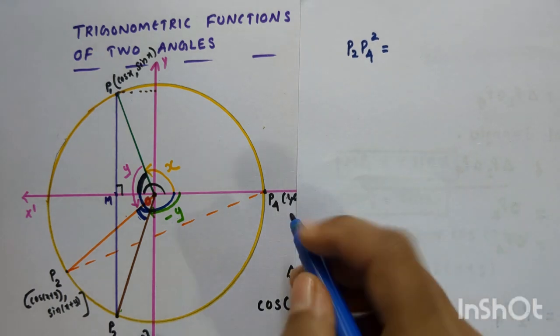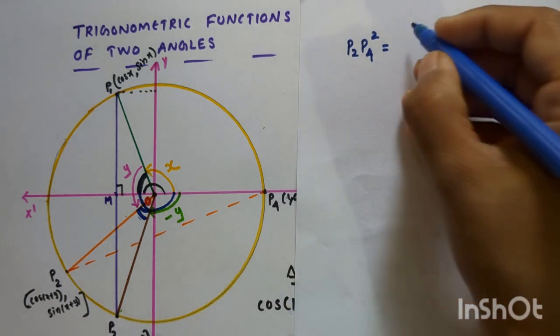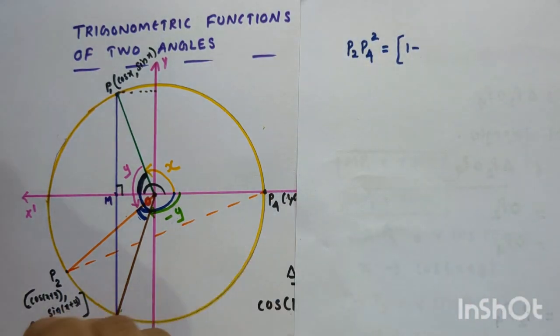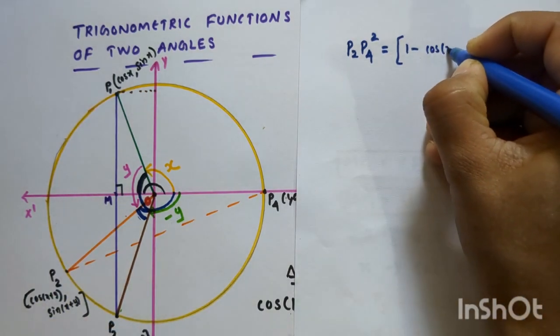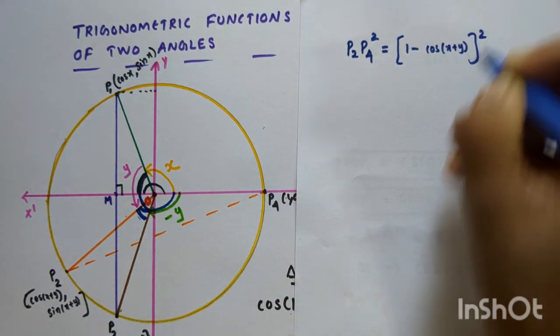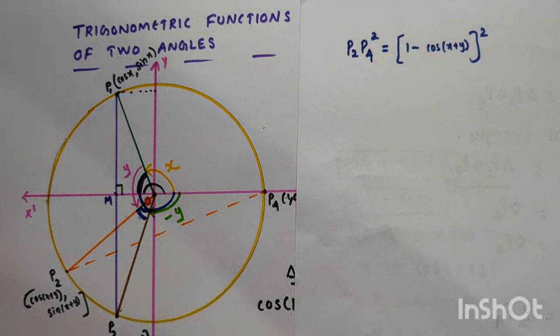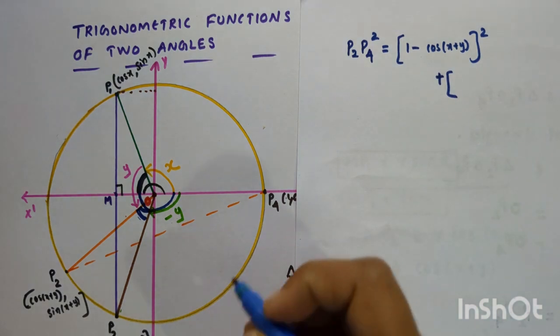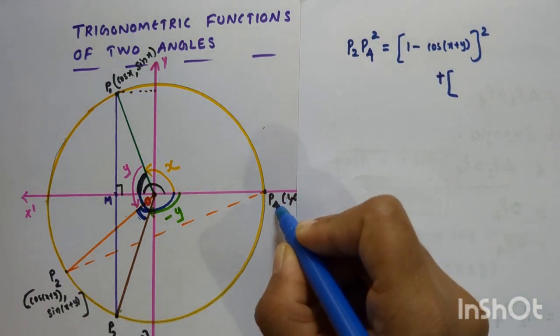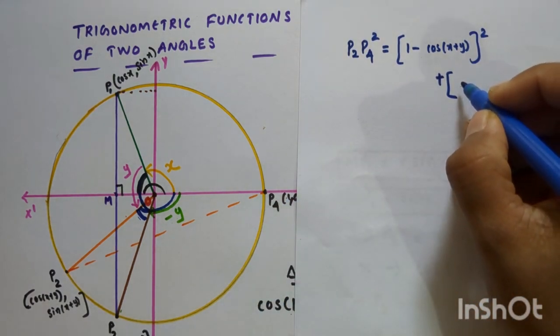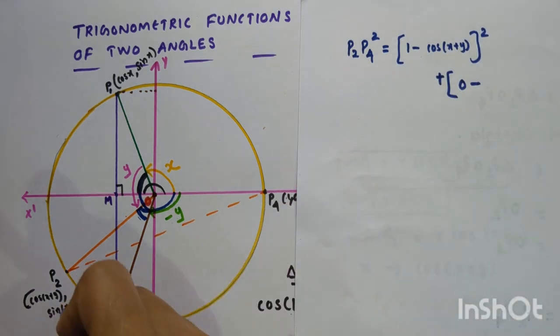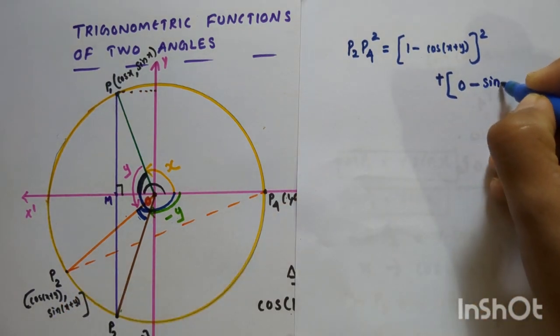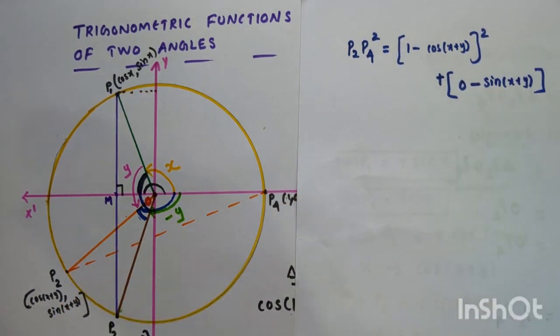The x coordinate of P4 is 1, so 1 minus the x coordinate of P2, which is cos of x plus y, whole square. Plus y2 minus y1 all square. The y coordinate of P4 is 0, minus the y coordinate of P2, which is sin of x plus y, all square.